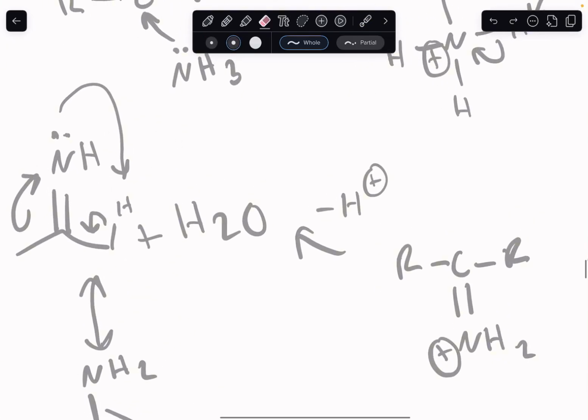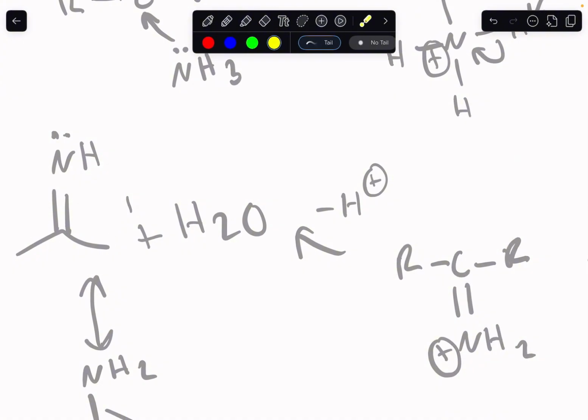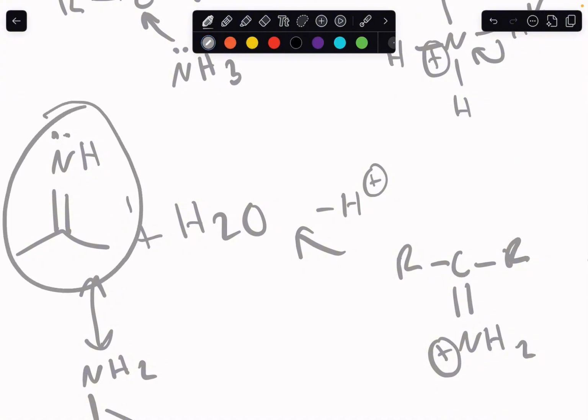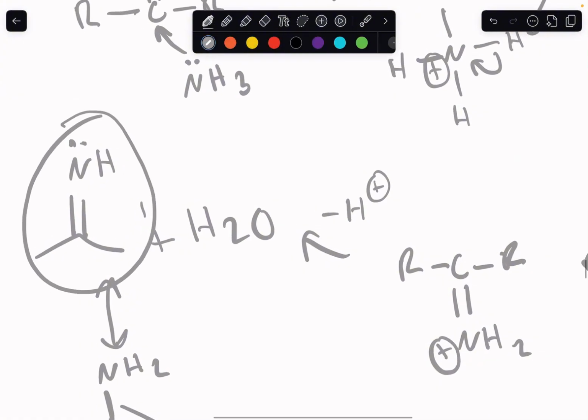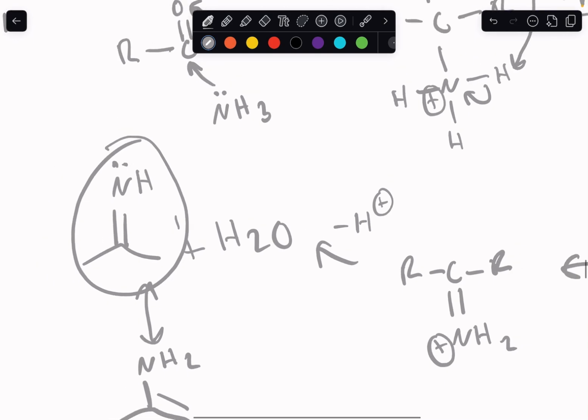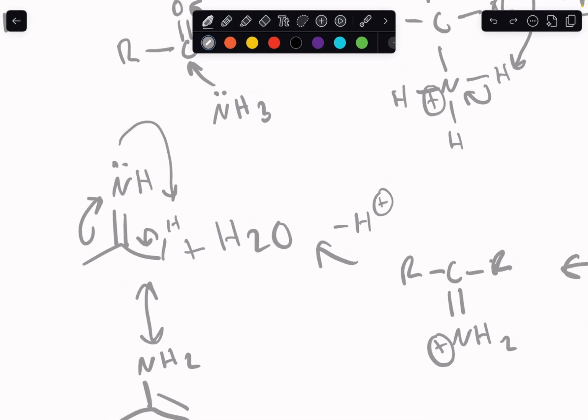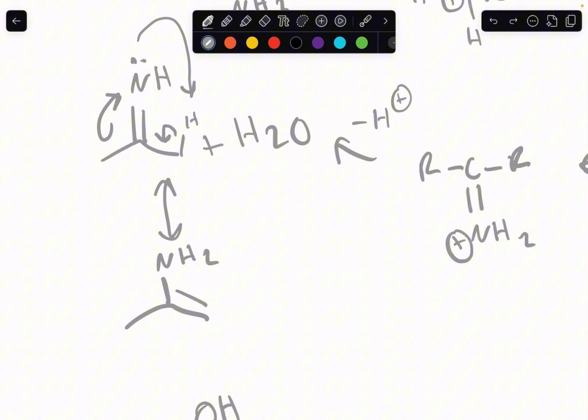Okay, let's erase these arrows for now. So this here is your imine. Okay, so imines can also turn into what we call enamines, and enamines are easier to recognize, right? Think about the name enamine, so it's an enol and an amino group.